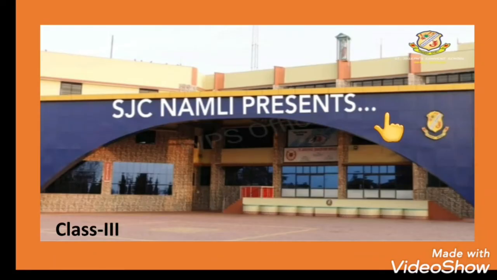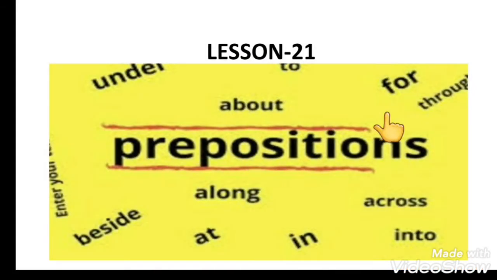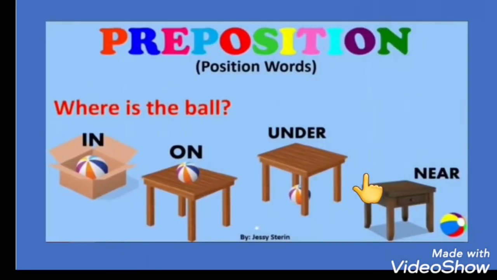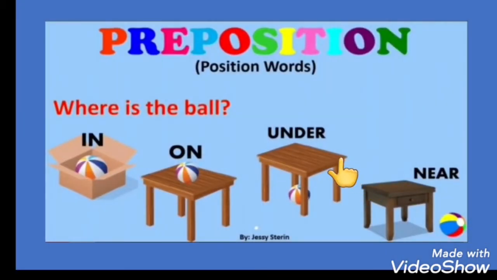In today's video, we are going to learn about a new chapter of English grammar, lesson 21: preposition. So students, what is a preposition? But before starting, we will see here where is the ball. The ball is in the box.